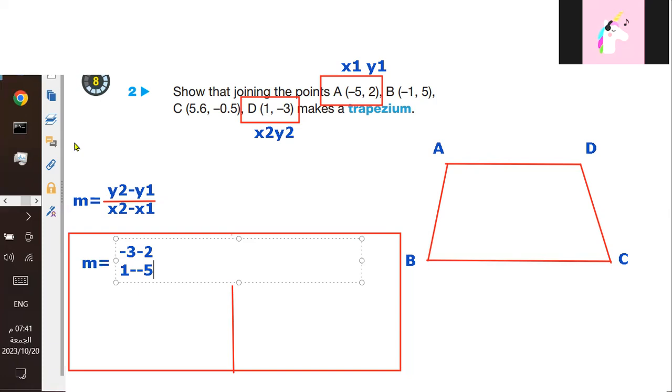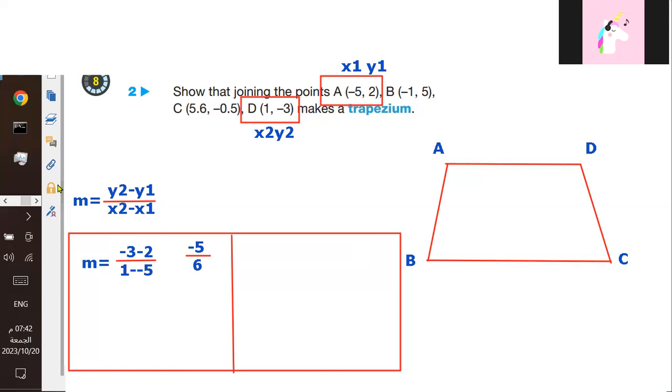Now I'm going to find this. Negative 3 minus 2 is going to be what? It's going to be negative 5. And then here 1 minus minus 5. Minus minus means plus. So 1 plus 5 is going to be 6. So it's going to be minus 5 over 6. This is the gradient of A and D.